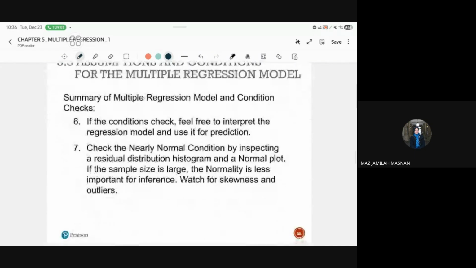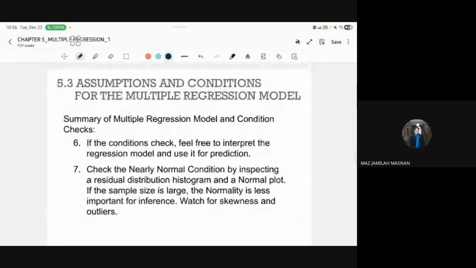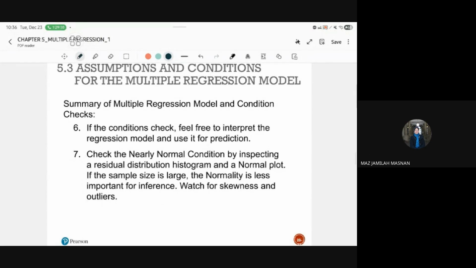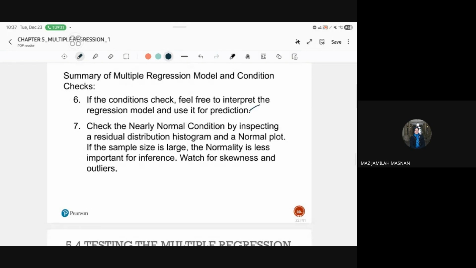Okay. Now, the last that you need to check is the condition check. Feel free to interpret the regression model and use it for prediction. If the R squared value is very high and all the variables are significant, then you can proceed with checking what we call the coefficients, so that you can interpret the coefficients for the particular model.